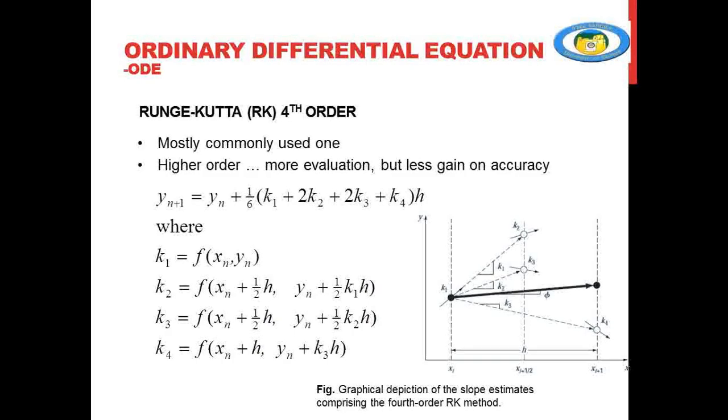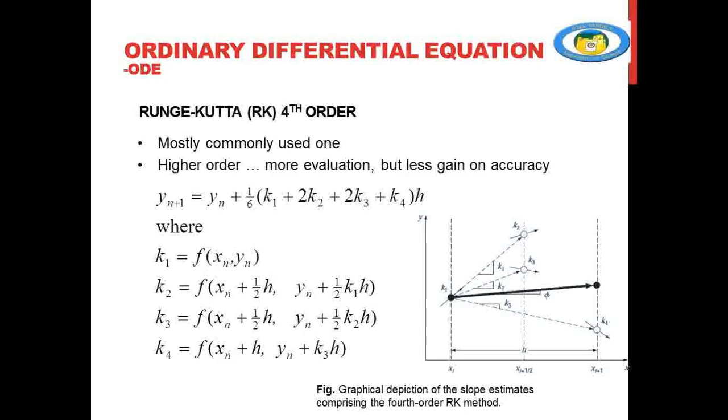Having slopes K1, K2, K3, K4, we are going to get a weighted average, giving more weight to K2 and K3, twice actually, more precise. So K1 just 1 weight, K4 1 weight, whereas K2 and K3 two weights. So all in all, K1 1, K2 2, K3 2, which is 5, plus K4 1, 6.